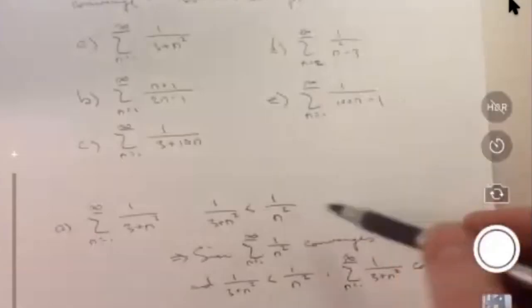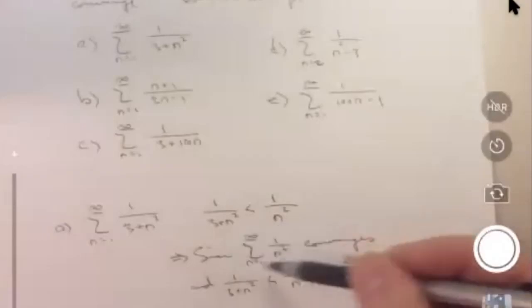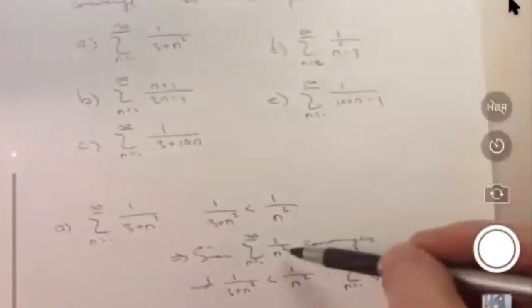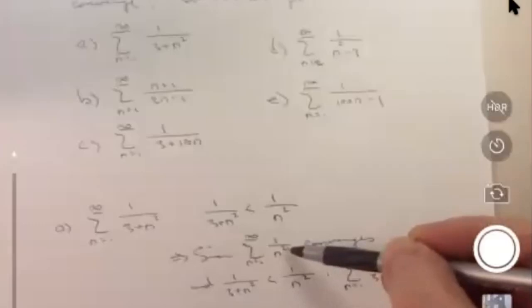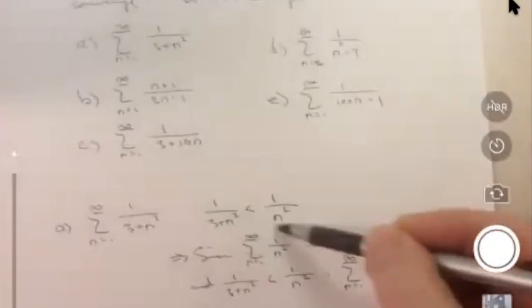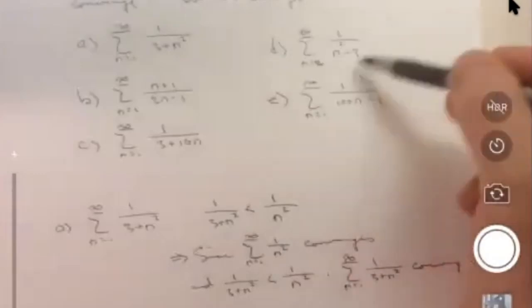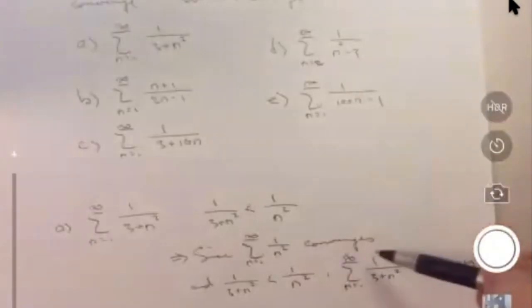Well, knowing that the P series with the terms 1 over n squared converges no longer says anything about what this is going to do, right? 1 over n squared gave small enough terms for the series to converge, but these are larger. So that doesn't say that these terms are going to be small enough for the series to converge. So we can't use this argument for series D, and we're going to have to think about that a little bit differently in just a bit.